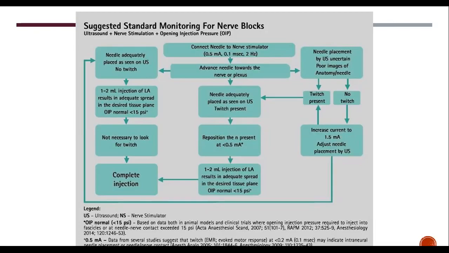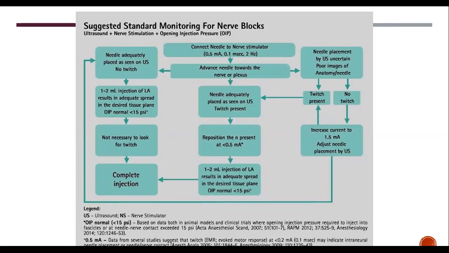Suppose on advancing the needle tip towards a nerve or plexus, the needle is adequately placed as seen on the ultrasound, but there is no twitch, and 1 to 2 ml of injection of local anesthetic results in adequate spread in the desired tissue plane, and opening injection pressure is less than 15 psi, then it is not always necessary to look for the twitch. Then I can complete the injection. Even if there is no twitch, but you are seeing adequate drug spread in the desired tissue plane and opening injection pressure less than 15 psi, you can complete the injection.